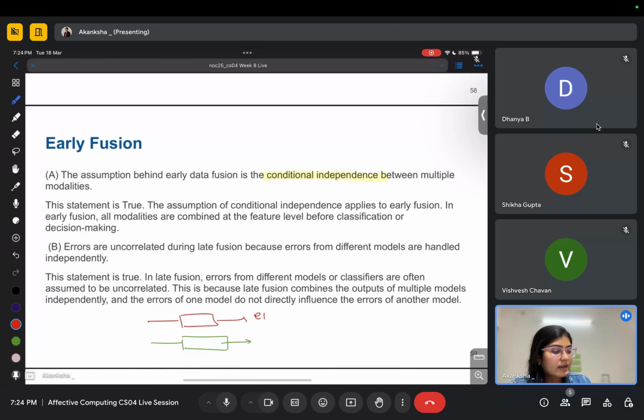But when we are training an ML model, the back propagation is happening, so this error will only be used for this model's training, and this will only be used for this.